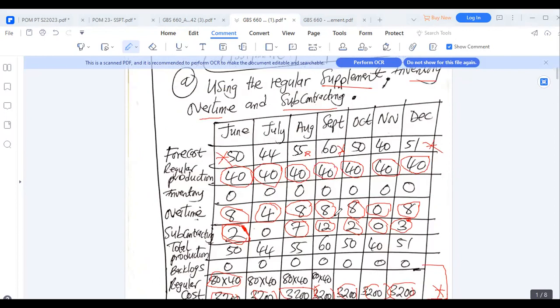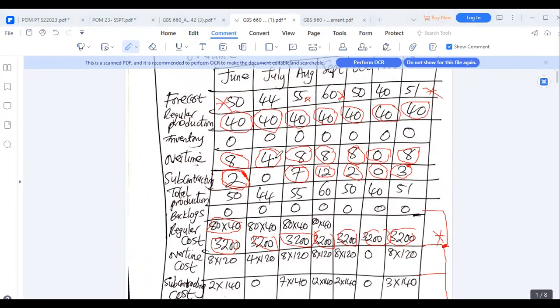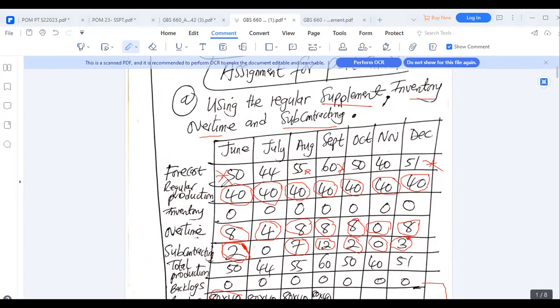For the subcontracting cost, we have to look at the month in which we subcontracted, because we had a breakdown of the production that we needed to meet the demand: 15 June, 44 July, August 55, 60 September, October 50 units, November 40 units, December 51. On the regular basis, we couldn't produce all of them at once.